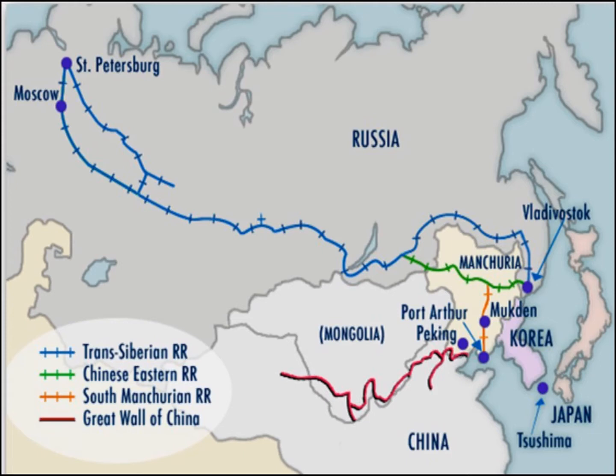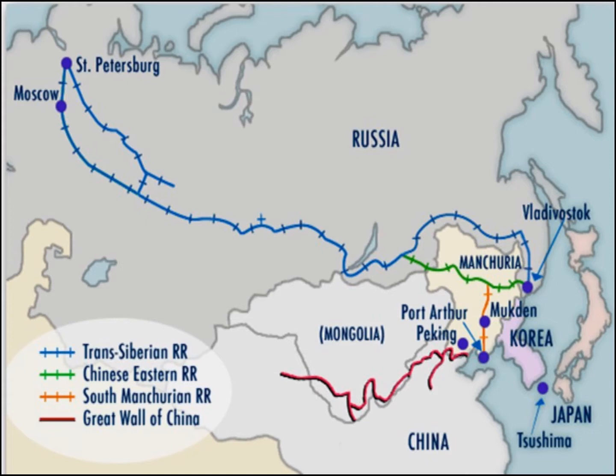So the blue line is the Trans-Siberian Railroad, and you can see how big this is in comparison with some other things in the same area in the world that you might know about. So the green line here is the China Eastern Railroad that goes all the way across that.